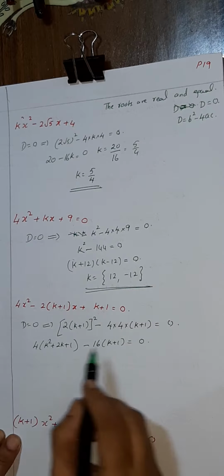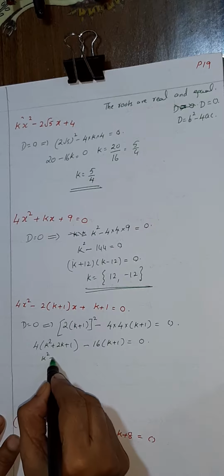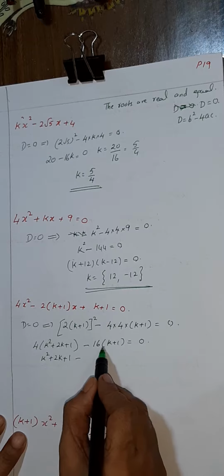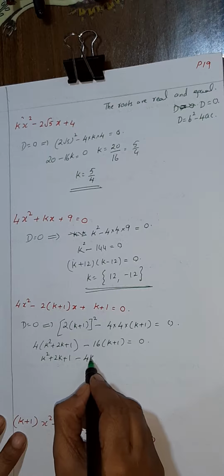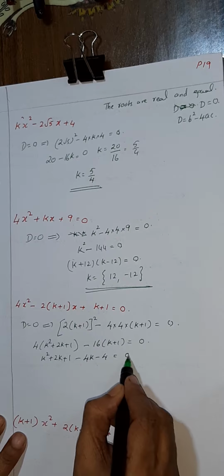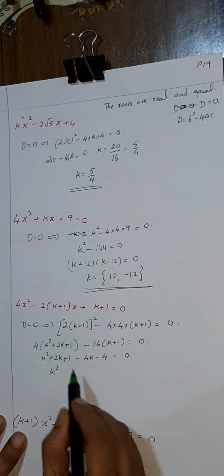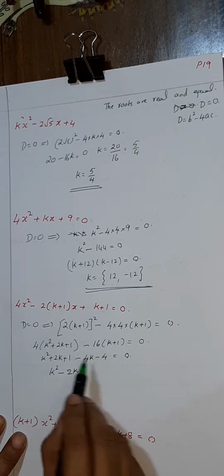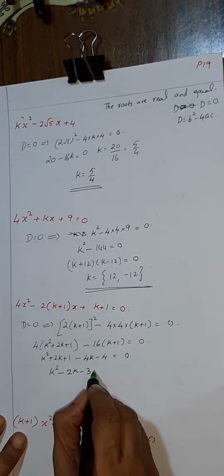So I'll divide throughout by 4 so that our calculations become easy. Minus, now this is 4 into k plus 1, so minus 4k minus 4 equal to 0. So k squared minus 2k minus 3 equal to 0.